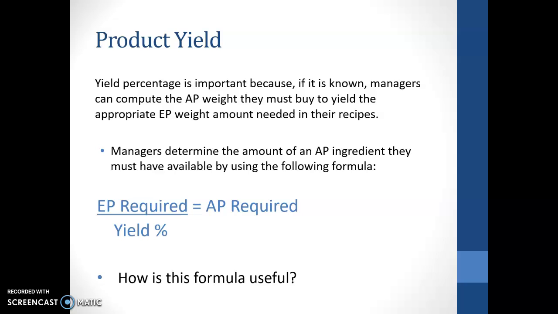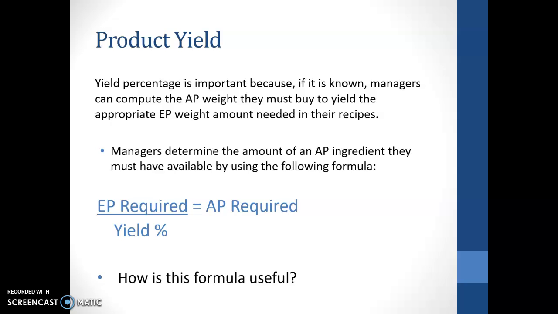Now, how do we actually use yield percentage in purchasing? It's really important to know, because by knowing what the yield is, it helps us make the right purchasing decisions. Let's say I'm buying vegetables and I need 50 pounds of potatoes for a specific recipe to make mashed potatoes for a certain number of people.